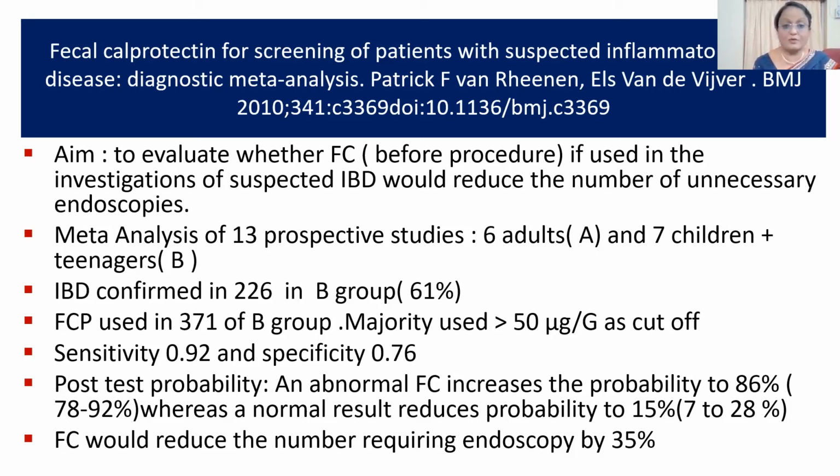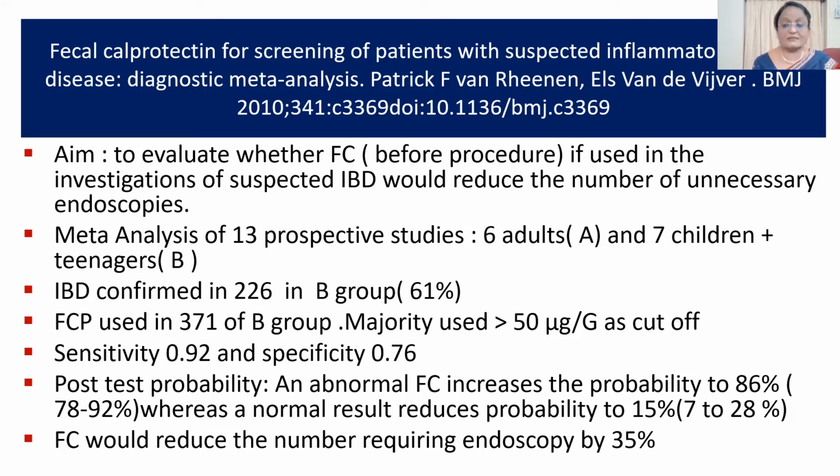Analysis of 13 prospective studies, out of them 7 were in children and teenagers. IBD was confirmed in this group in 61%. The majority used more than 50 microgram per gram as cutoff, and FCP was used in 371 of the pediatric group. So FCP was studied, and the sensitivity was 0.92, but the specificity was 0.76.